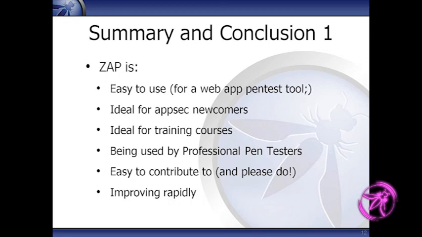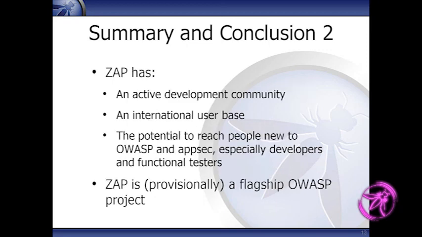And it's very easy to contribute to. So please, if you want to get involved with this, just get in touch. We'll encourage you as much as possible. And it's improving rapidly. We made a lot of changes. We've doubled the code base, and I'm told I'm out of time. So very quickly, it's got an active development community. There's a lot of people getting involved. We've got an international user base.